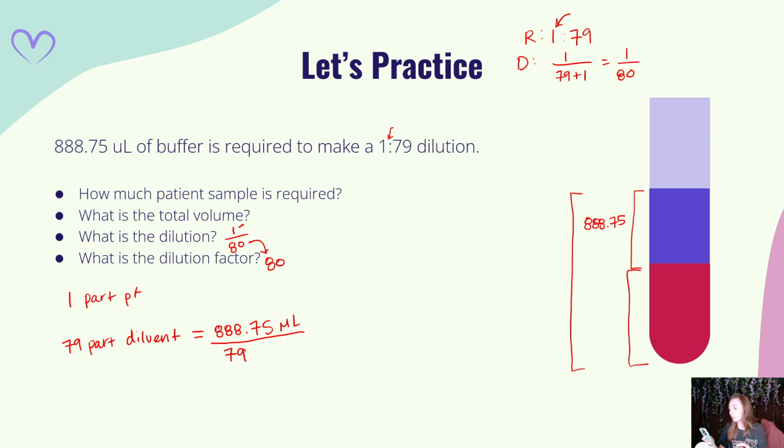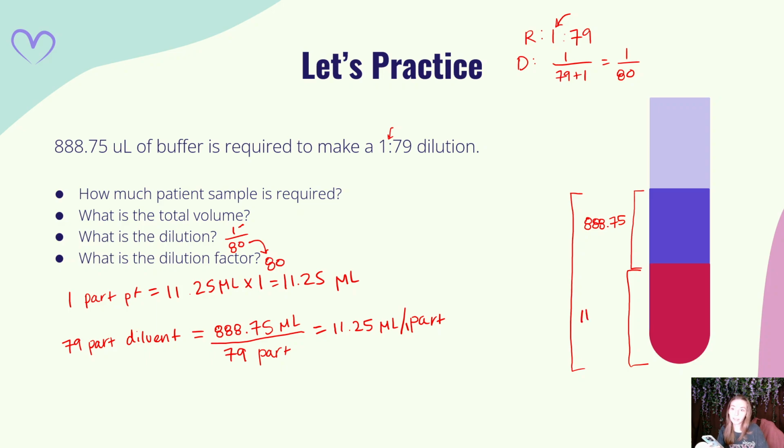So then you would divide 888.75 divided by 79 is going to give you 11.25 microliters per part, which means, oh my gosh, it's per 1 part. 1 part patient, wow, I just need 11.25 microliters times the number of parts, which is 1, which is going to be 11.25 microliters.